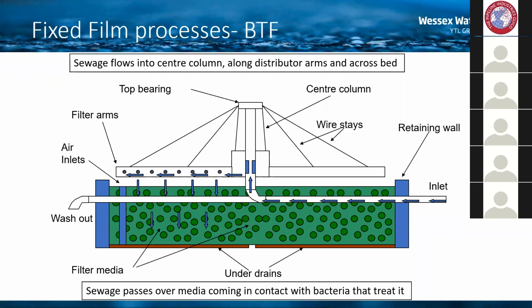You will also notice on this diagram on the left-hand side, there's a bit mentioned air inlets, and that's really important because the bacteria need the oxygen to be able to breathe and provide the required treatment to the sewage. So if we can go on to the next slide, please, Laura.